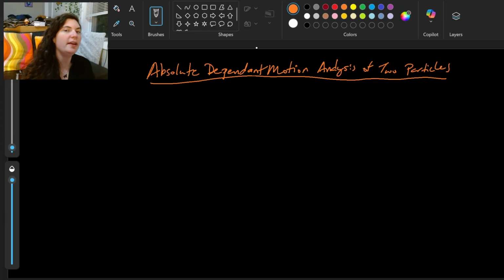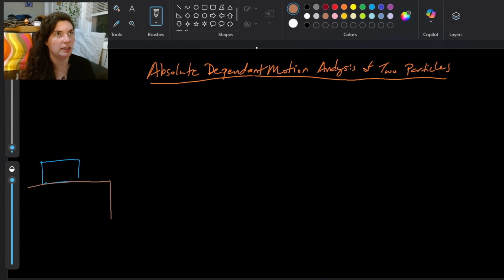The way that we commonly see a problem that looks like this is usually through pulleys. If you can imagine, I'll use these square boxes to represent particles, but we'll say that this particle here is attached to another one down here through a rope that goes over a pulley.